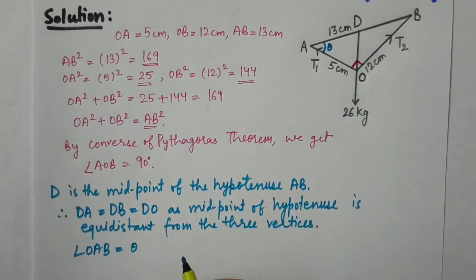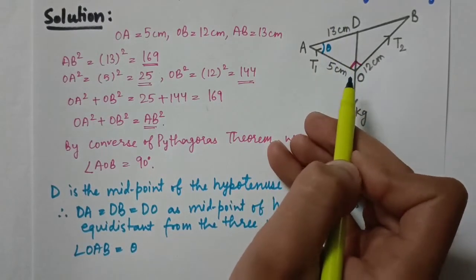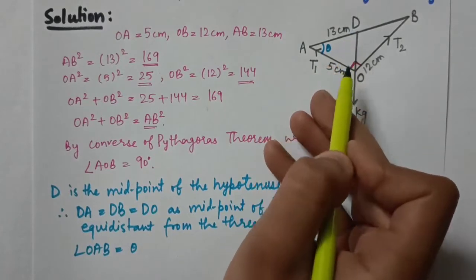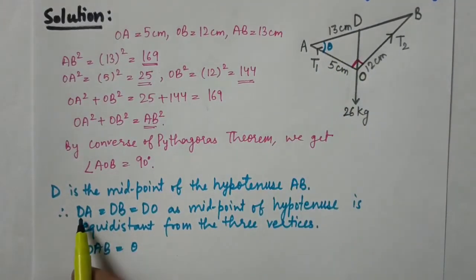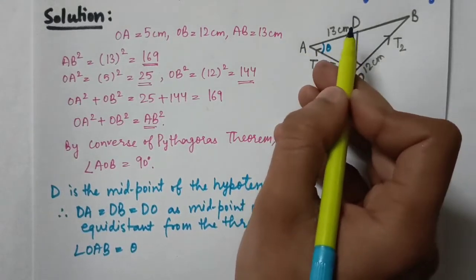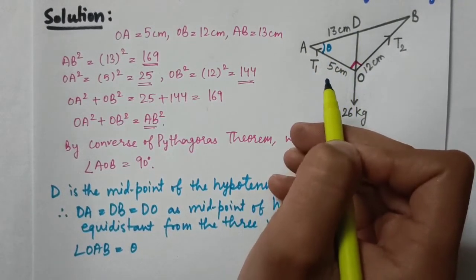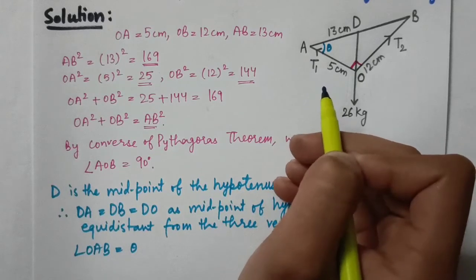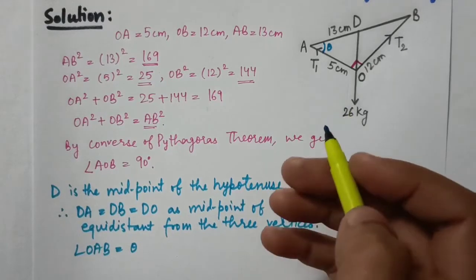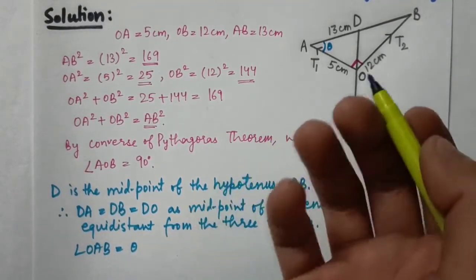Now we know that in this triangle OAD, DA is equal to DO. So these are the equal sides. Now we know a property that the angles opposite to equal sides are also equal. I'm not going to write it, to save your time, I'm just going to say it.